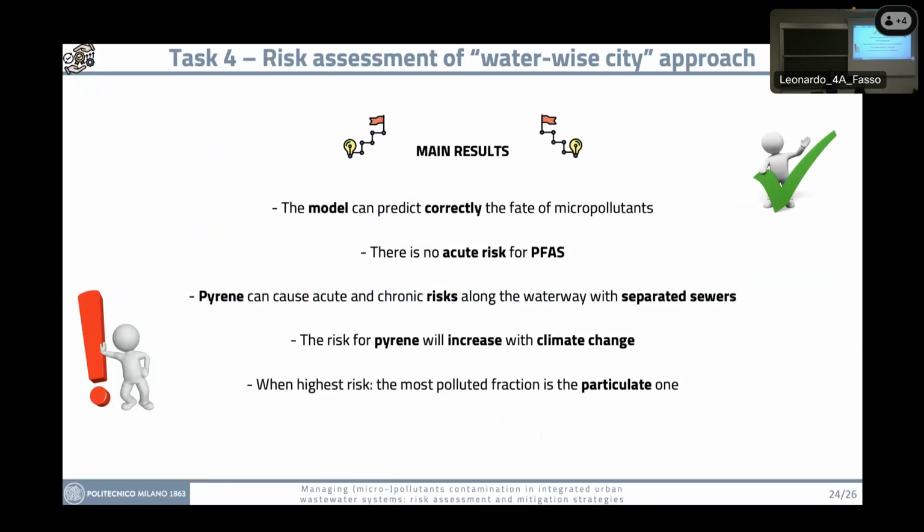But this risk can also increase due to climate change, with the highest pollutive fraction being the particulate one. So if we want to implement some mitigation strategies, we can think about something that separates the solids part from the dissolved part.